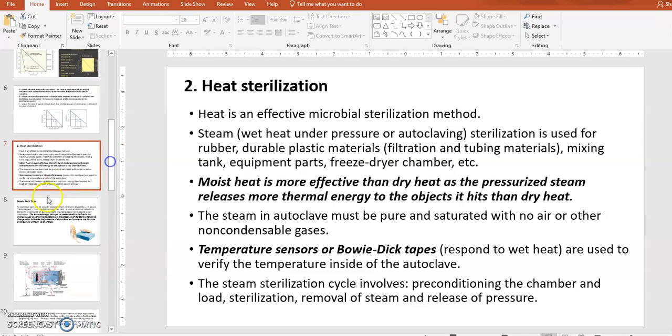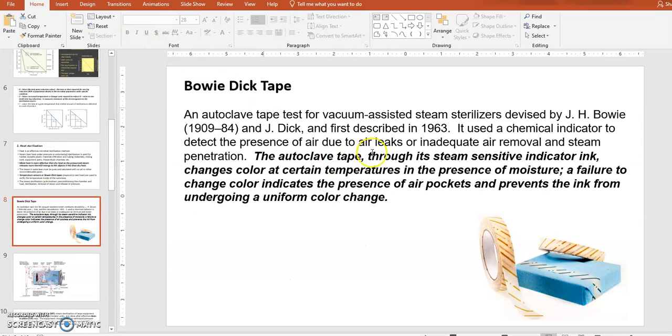That's the process. And the BI tape, as I said, was developed by scientists named Bowie and Dick in 1963. That's why it's called Bowie-Dick tape. It uses a chemical indicator to detect the presence of air due to an air leak or inadequate air removal and steam penetration.